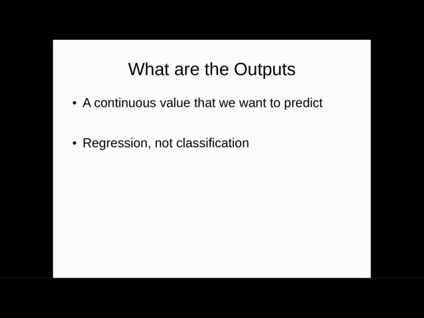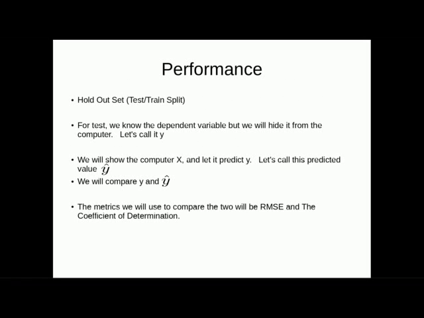Okay, so let's say we've let the computer build some linear model using the inputs that we've talked about and the outputs that we've talked about. How do we know if that model is a good model? Well, this is where we need to talk about model performance. We've already talked a little bit about a holdout set, and that's the idea of a test and train split.